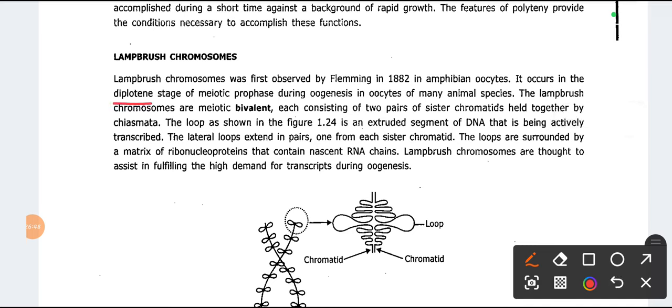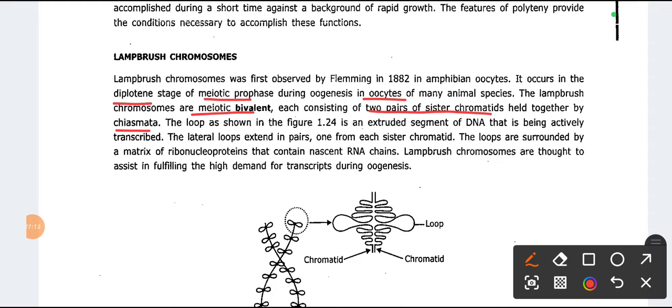In the diplotene stage of the meiotic prophase during oogenesis in oocytes of many animal species, the lampbrush chromosomes are meiotically bivalent and consist of two pairs of sister chromatids held together by chiasmata, where the loop is shown in the figure.